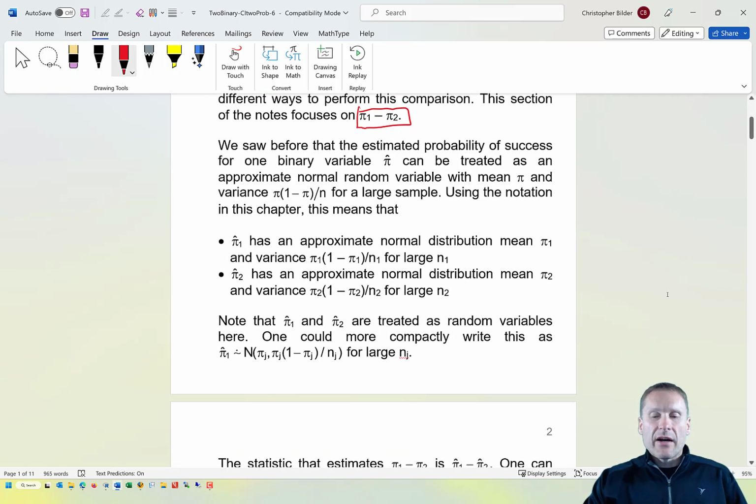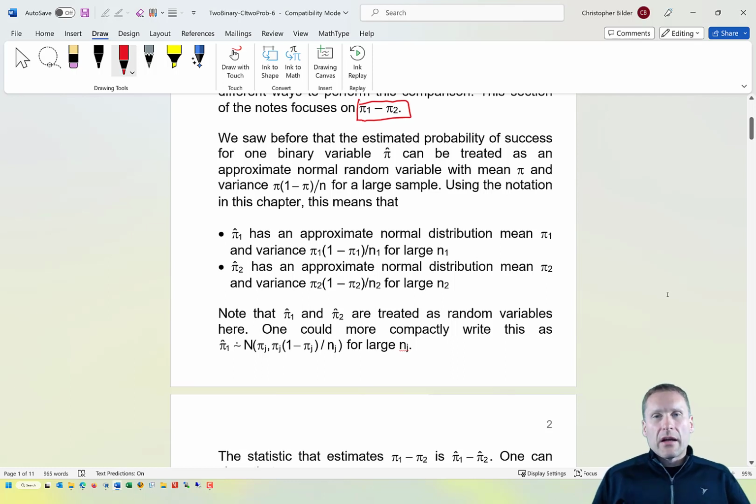Now, to form this confidence interval, let's go back to what we basically started off this chapter 1 notes with, and that is looking at one binary response, essentially in a homogeneous population situation. So our interest would be looking at pi, the probability of success parameter.